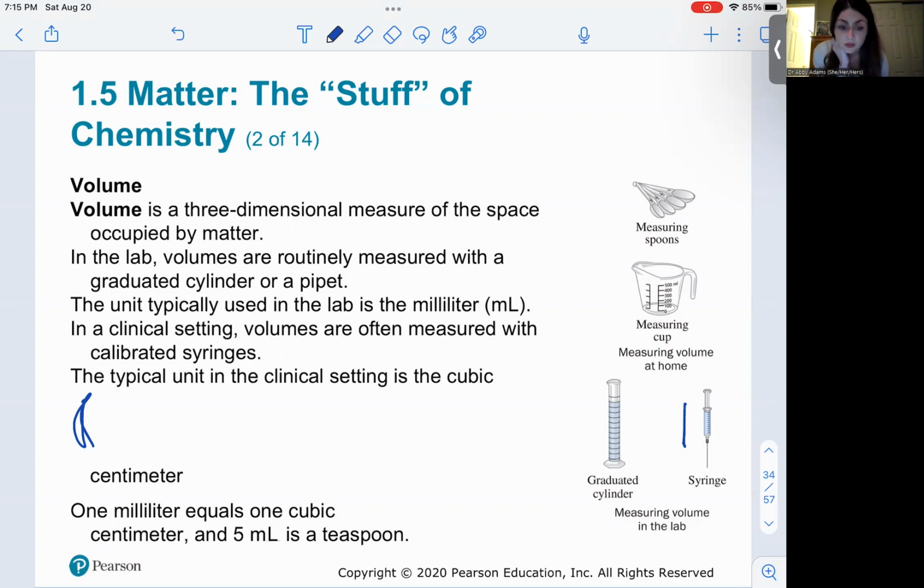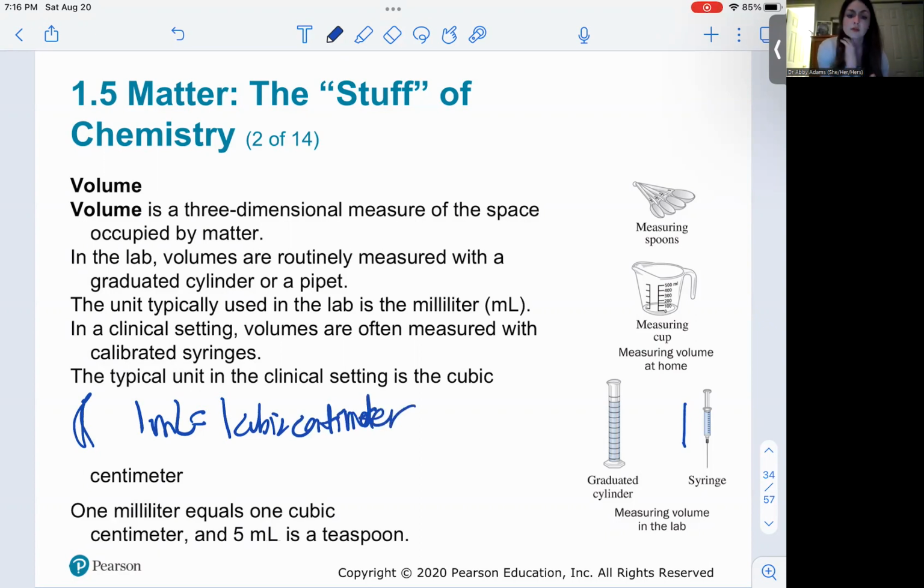So 1 milliliter equals 1 cubic centimeter, right? Okay. All right.